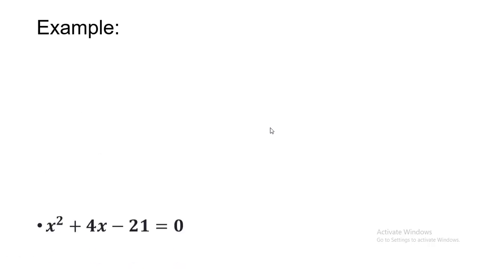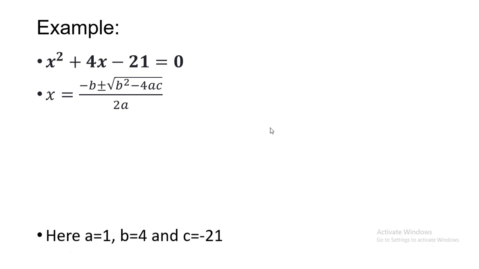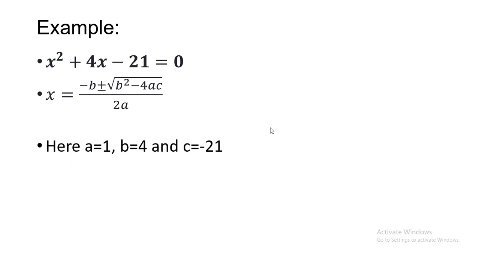Here we have an example: x square plus 4x minus 21 equals 0. This is the quadratic formula which I showed you earlier: x equals minus b plus minus under root b square minus 4ac over 2a. If I compare this equation with the general form of the quadratic equation, I find that a equals 1, where a cannot be equal to 0.